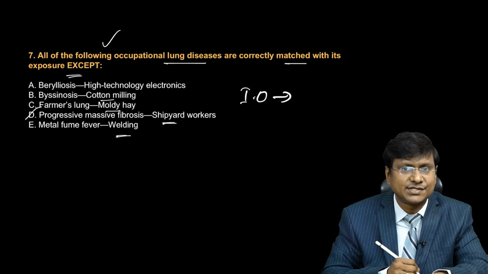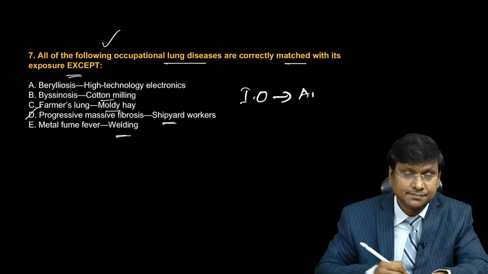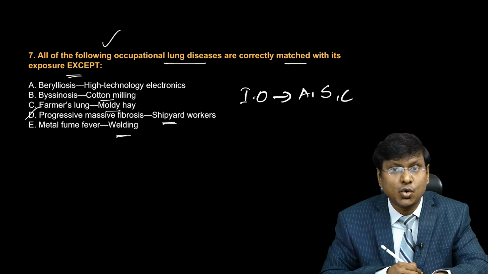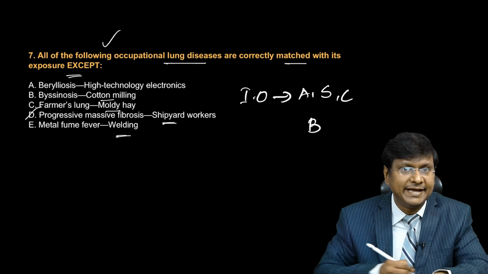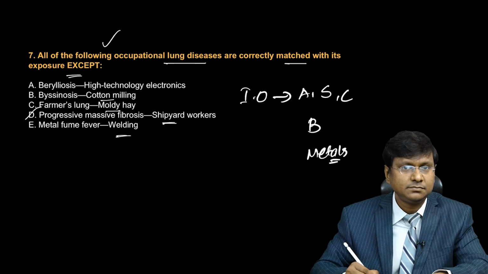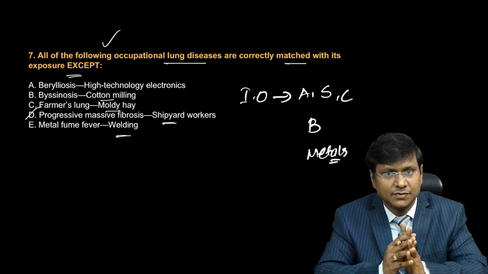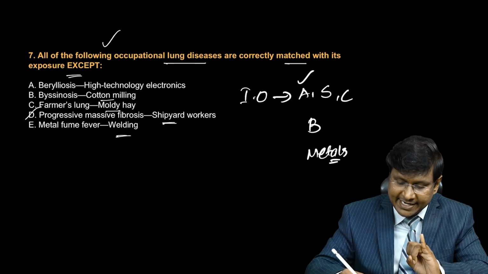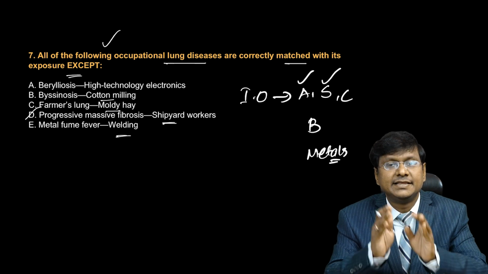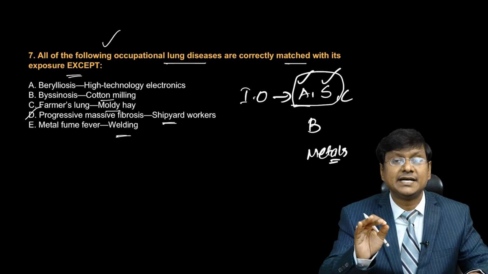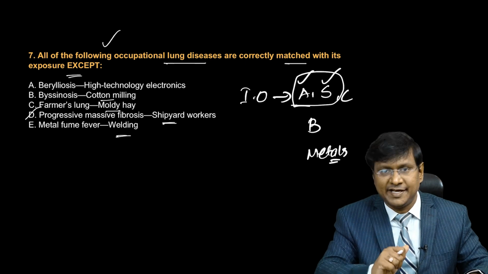The inorganic dusts include asbestos, silica, coal dust, beryllium and a variety of other metals. Out of these, asbestos and silica are among the most common exposures.